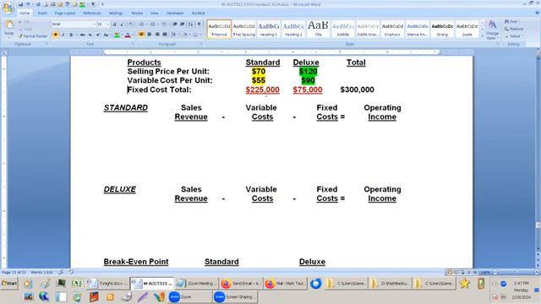Okay, so taking the standard first. And the fixed cost for the standard is the 225.